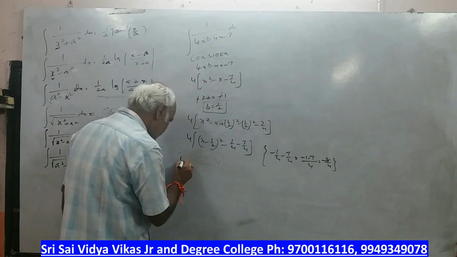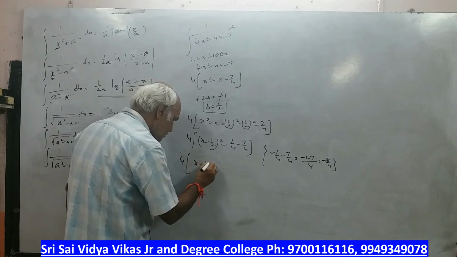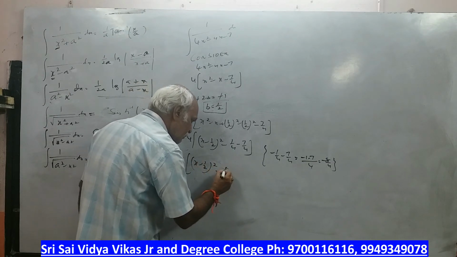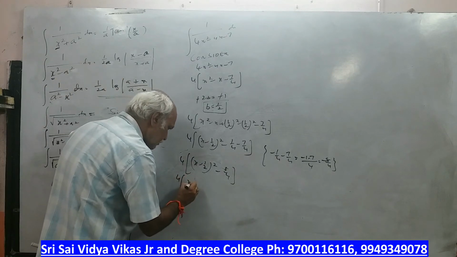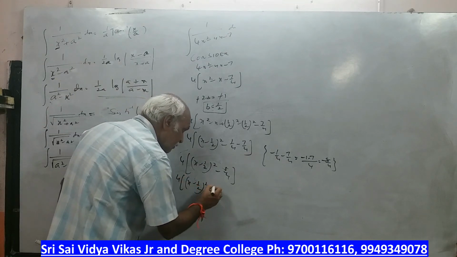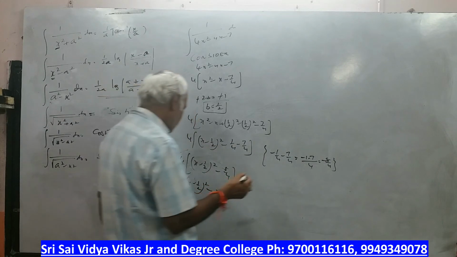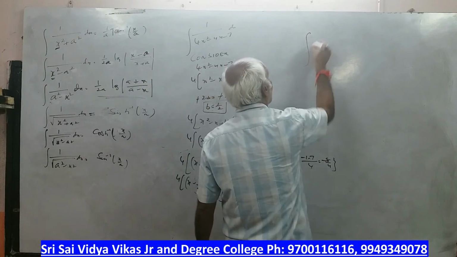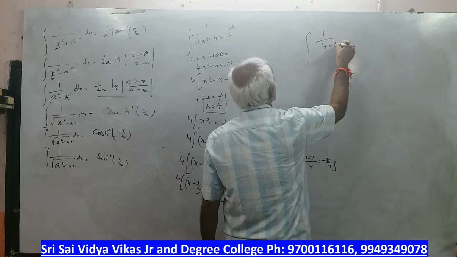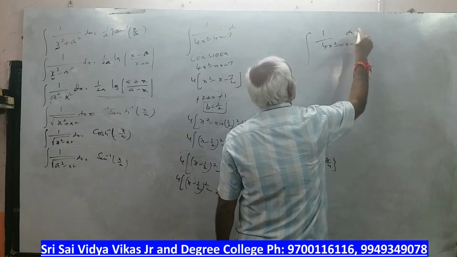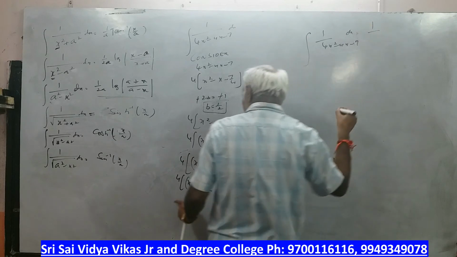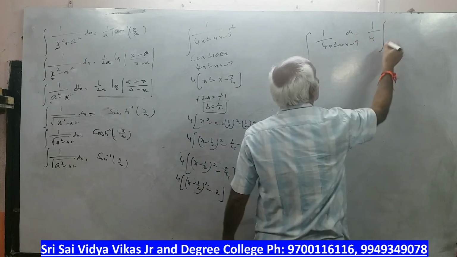So whole square minus 8 by 4. So 4 into minus 8 by 4 means 2. So the integration of 1 by dx is equal to, common I have taken 4, so 1 by 4.